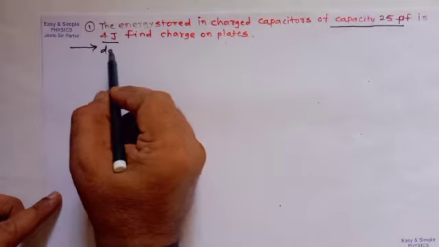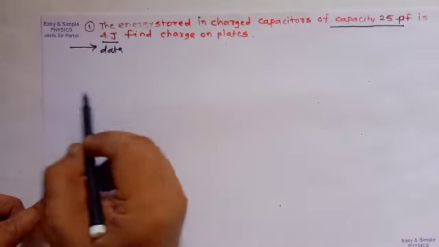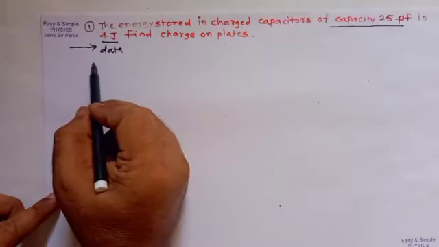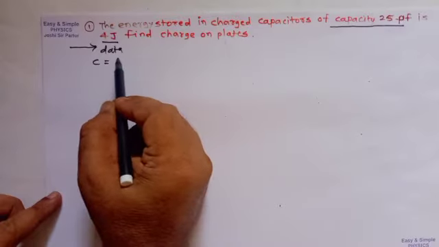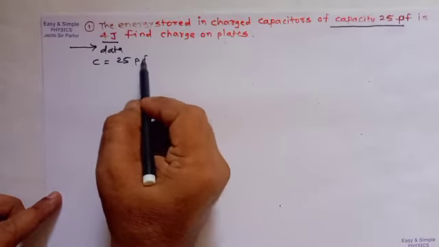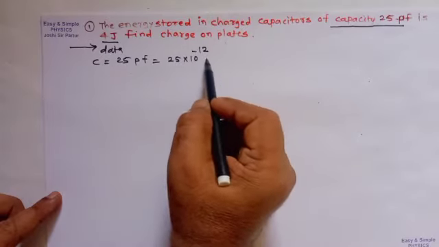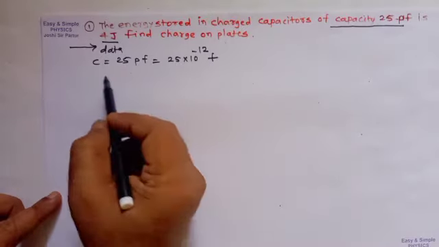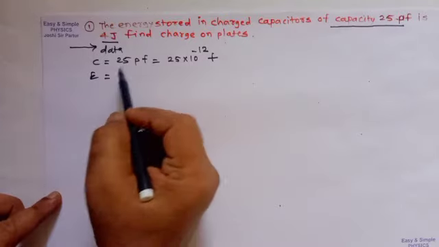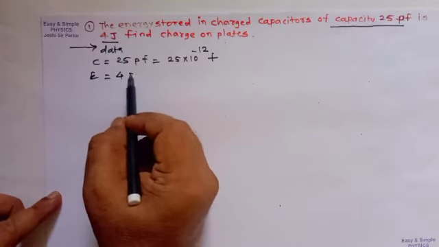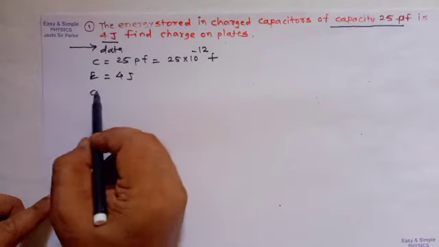Find the charge. Data is given as C equal to 25 picofarad, meaning 25 into 10 to the power minus 12 farad, and the energy stored in the capacitor is 4 joule, and we can find out the charge.